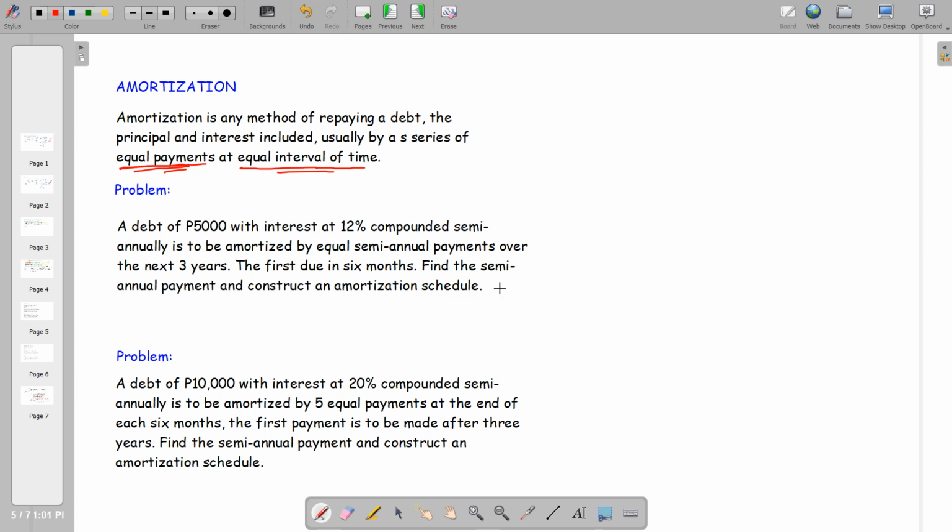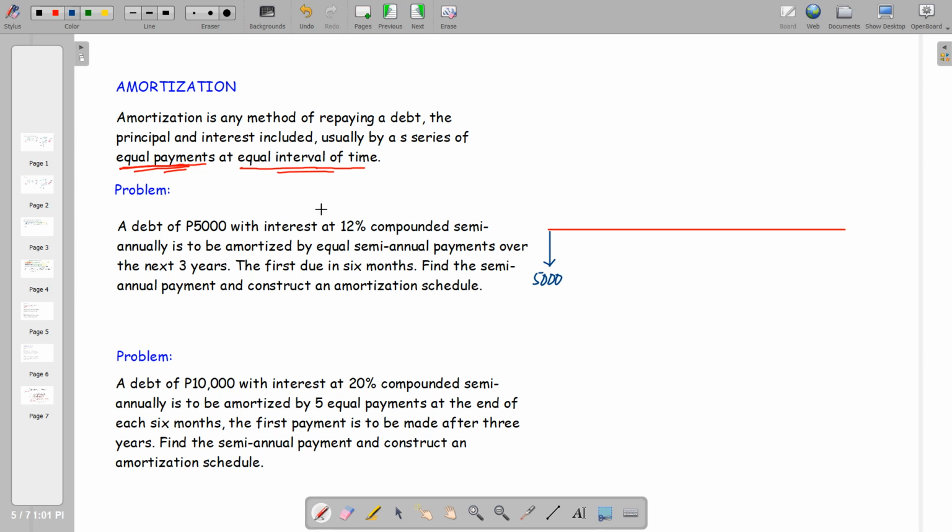So if we're going to draw our cash flow, so basically meron siyang 5,000 pesos na debt, and then it will be amortized by equal semi-annual payments over the next 3 years. So when we say semi-annual, twice siyang mag-occur in a year.